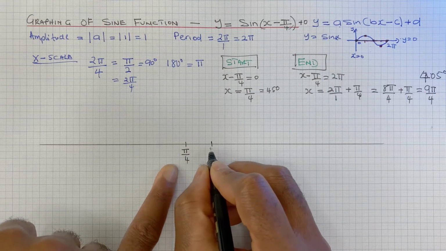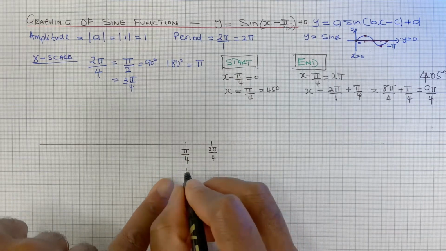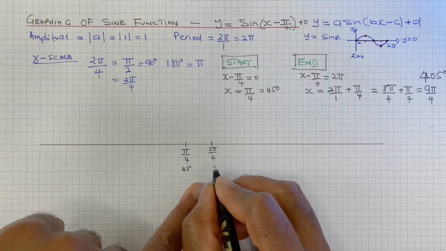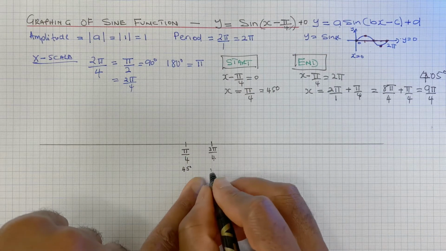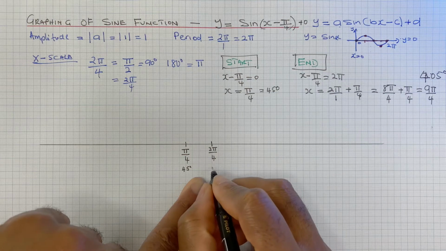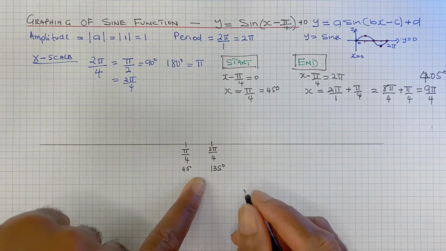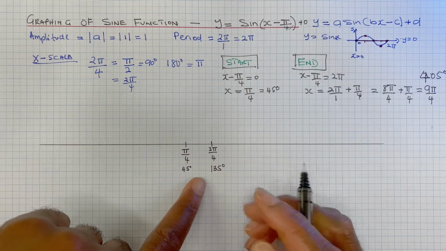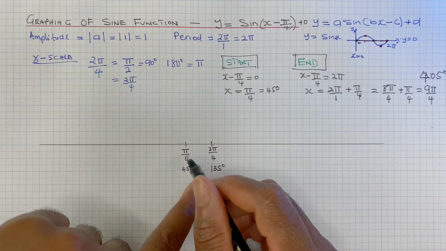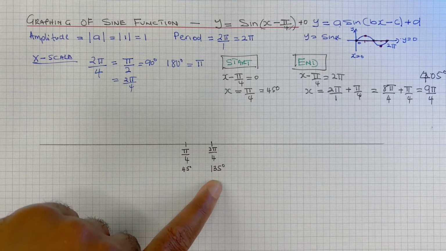So that is 3 pi over 4. Well, if this is 45 degrees, 45 plus 90 is 135, isn't it? 135 degrees. You can see that's 3 pi over 4, because if you multiply 45 by 3, you get 135 degrees.